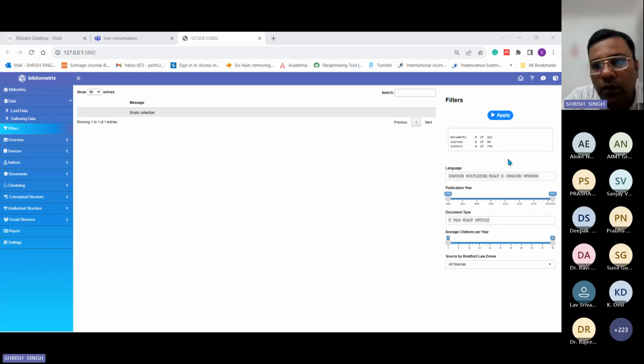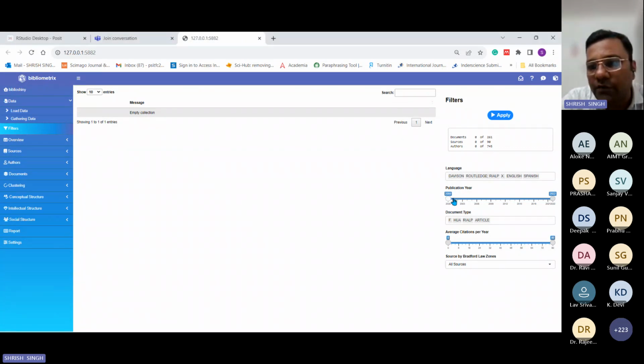Yes, sir. You can see here that my data is from 2000 to 2022. Suppose you have collected data on a topic or keywords from the last 50 years, but you want to analyze only the last 10 years. Then you can use the filter.